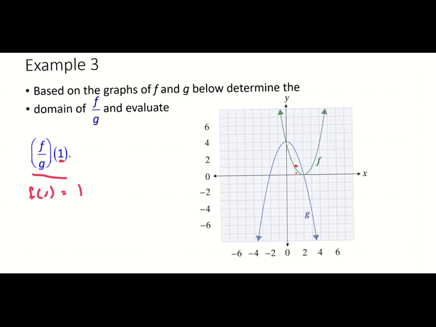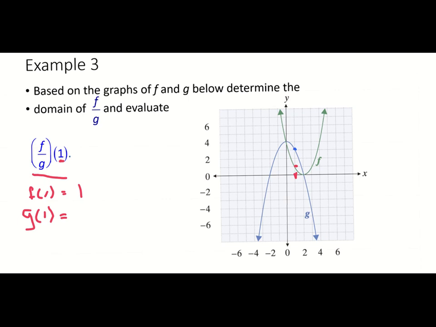Do the same thing with g. Find g of 1. And let's see here. If I, again, find 1 on the x-axis, which is right here, and you go up until you find the point where g is on 1.